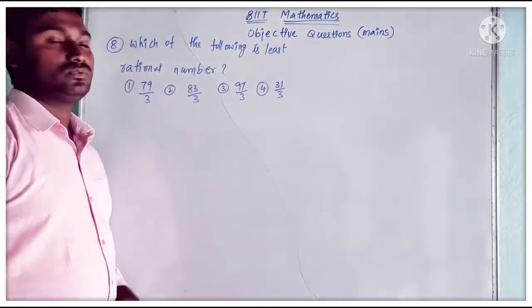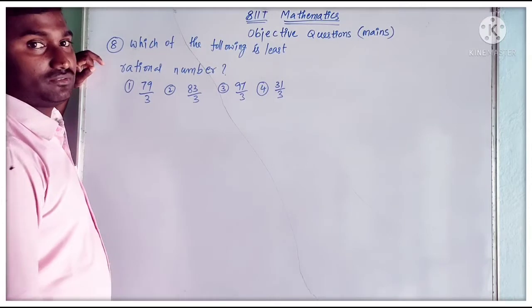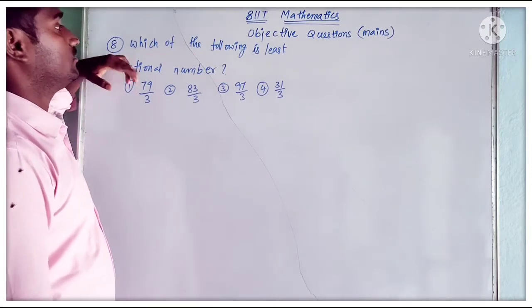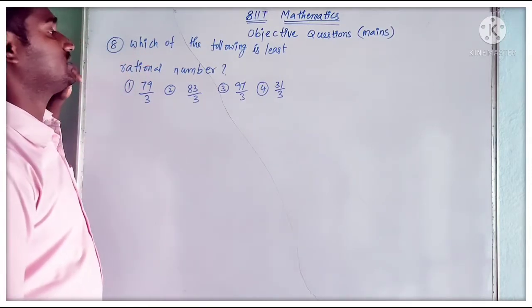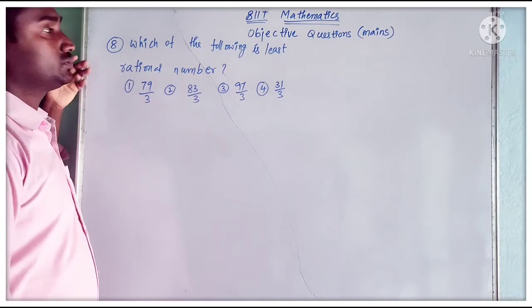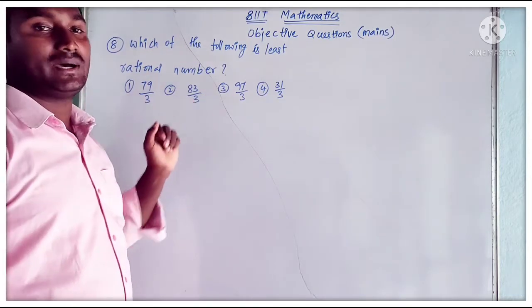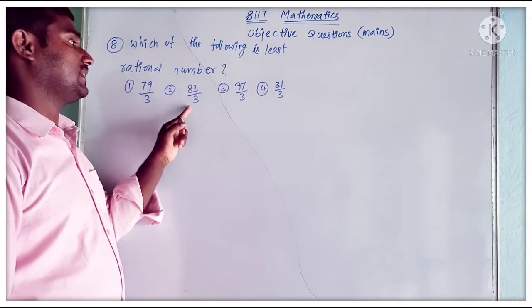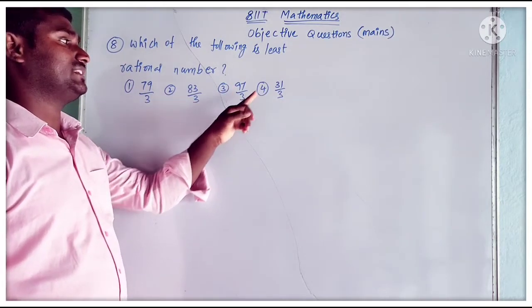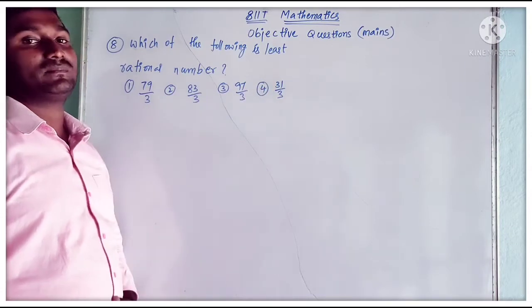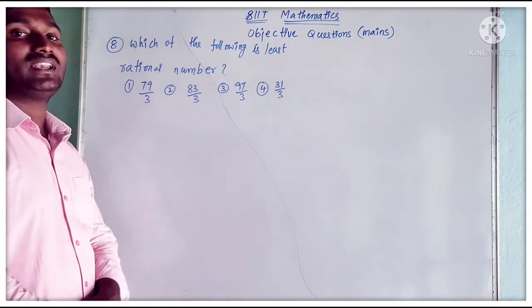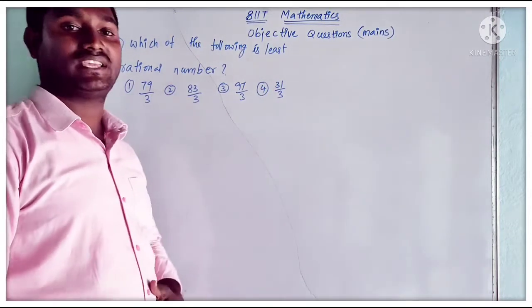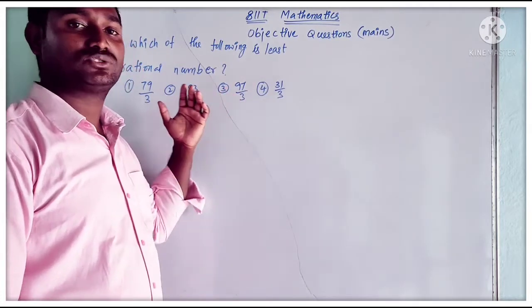Now we are going to discuss the 8th question. Which of the following is the least rational number? For this question we should go through the options. First option 79 by 3. Second option 83 by 3. Third option 97 by 3. Fourth option 31 by 3. All the denominators are the same in the given rational numbers, so it is an easy question.